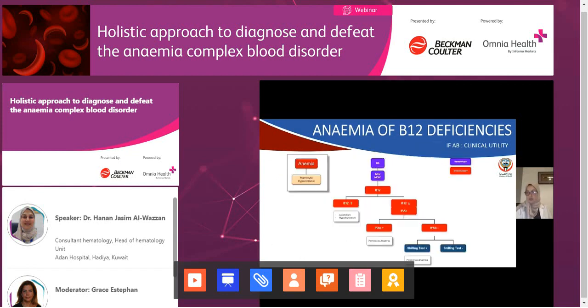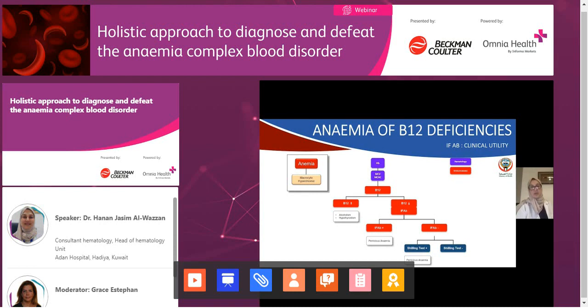So in B12 deficiency, the anemia is usually macrocytic and hypochromic. If it is macrocytic, we can do B12 to diagnose the anemia, or first we start with reticulocytes to rule out hemolysis, then B12 if it is low.